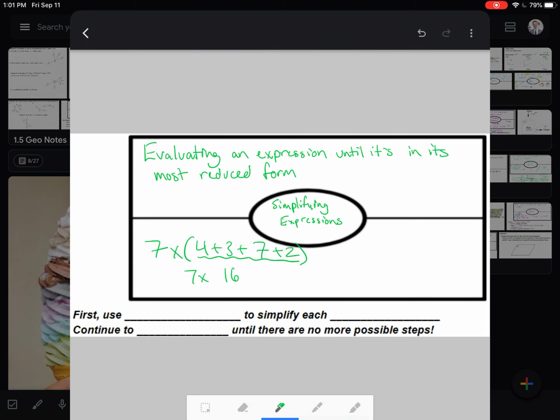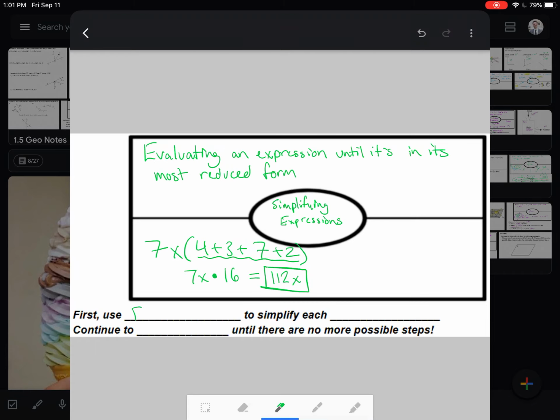So we're allowed to do 7x times 16, and actually, we can still multiply the 7 and the 16. So let's go ahead and do that. And if you need a calculator, totally okay to do that as well. And we'll end up with an answer of 112x. And that is simplified. So we took something that was big that had 5 plus terms and multiple operations, and we just made it into one term, just multiplying 112 times x.